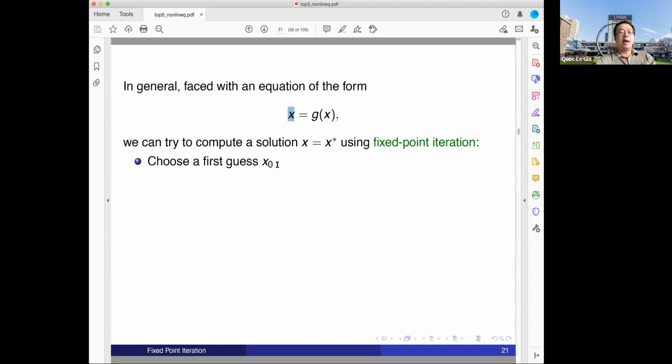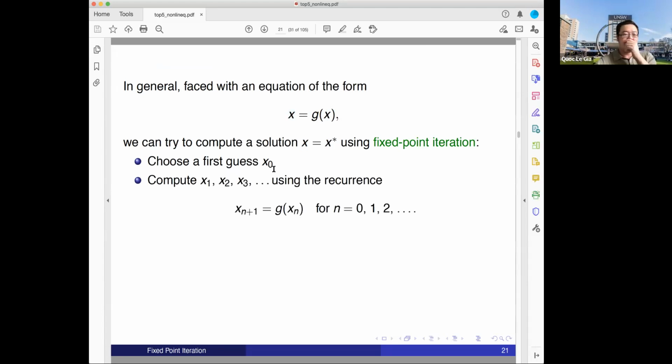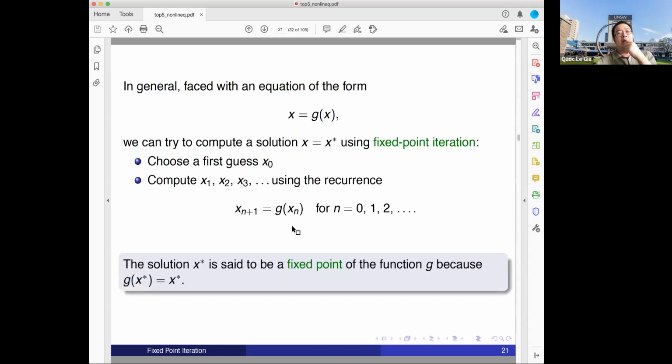You choose the first guess x0, and then xn plus 1 just equals g of xn. Up to some point, if you see that x star equals g of x star, then you got a fixed point. Because now you cannot do anything, right? You put g of x star, it just stays there.